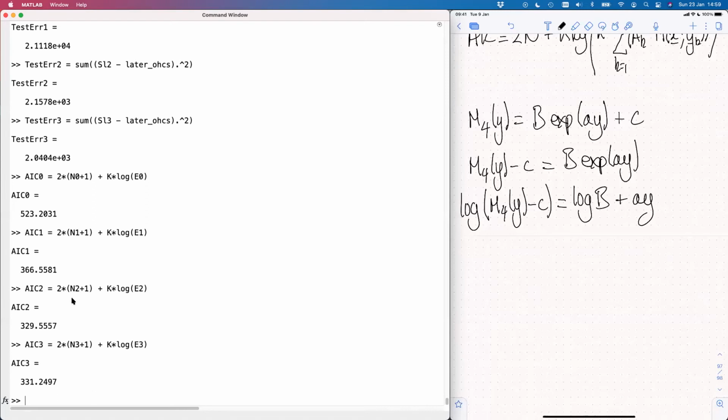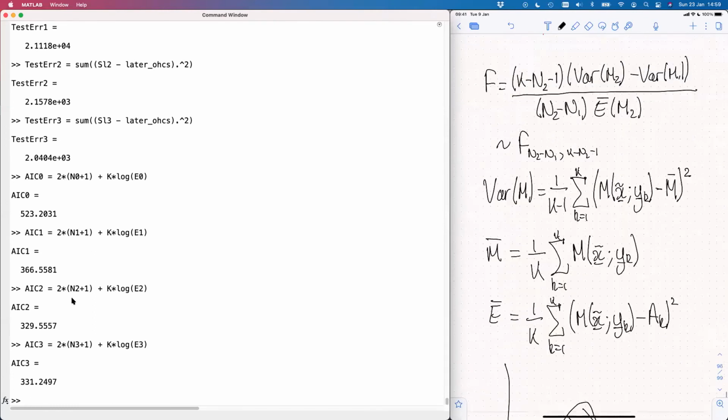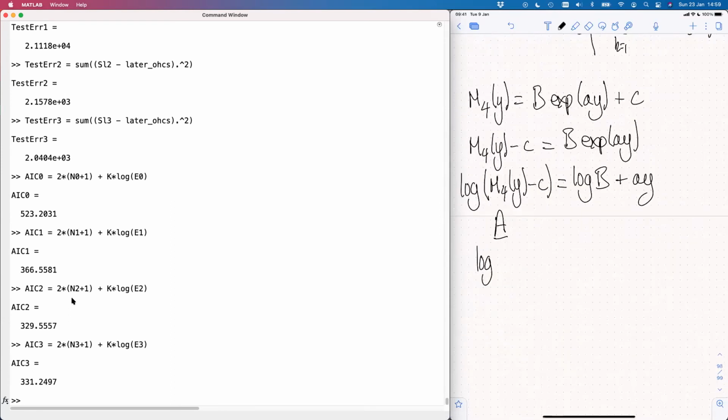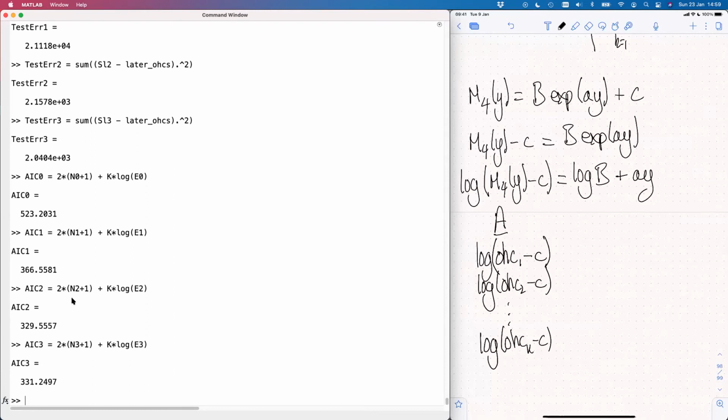I could write the set of measurements, now kind of pseudo measurements, as log of OHC 1 minus c, log of OHC 2 minus c, all the way down to log of OHC k minus c. So that could be my list of sort of pseudo measurements. They're not raw measurements, obviously, because they're shifted and log transformed.